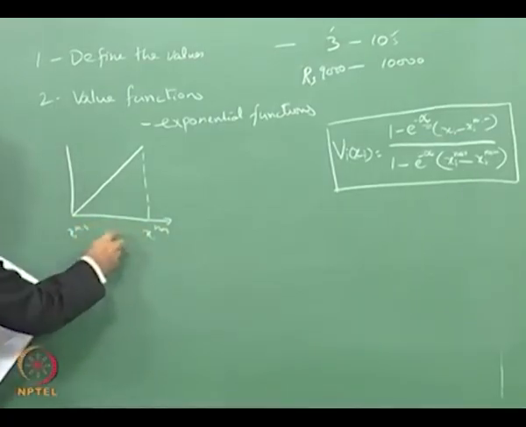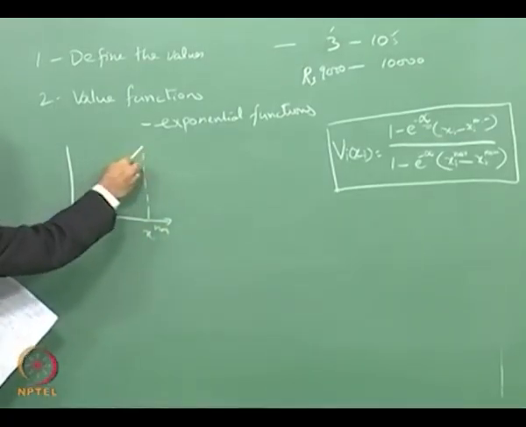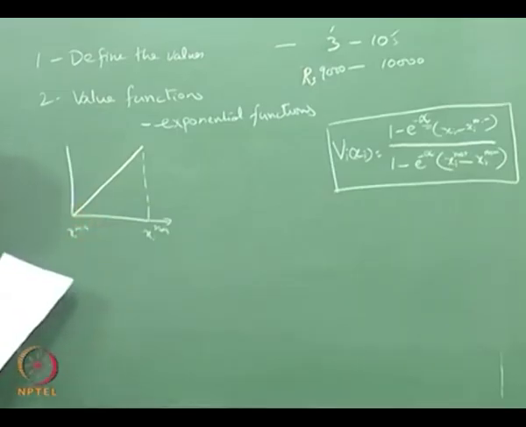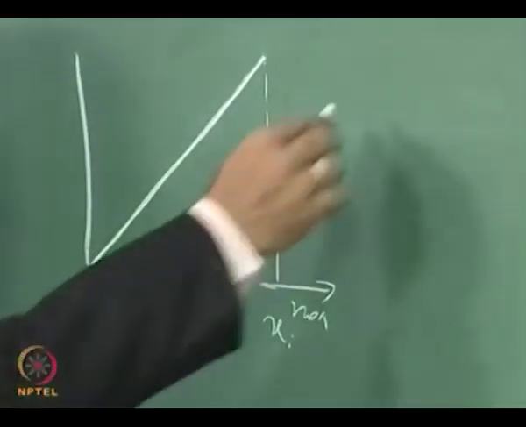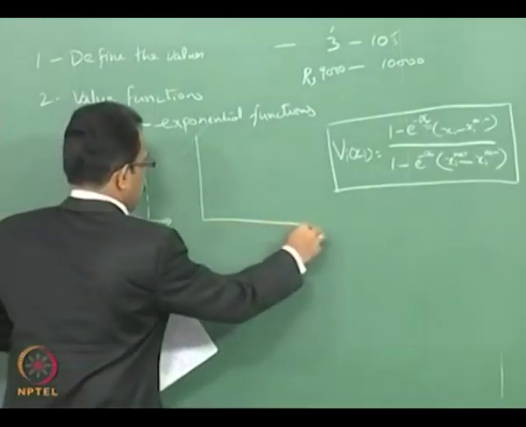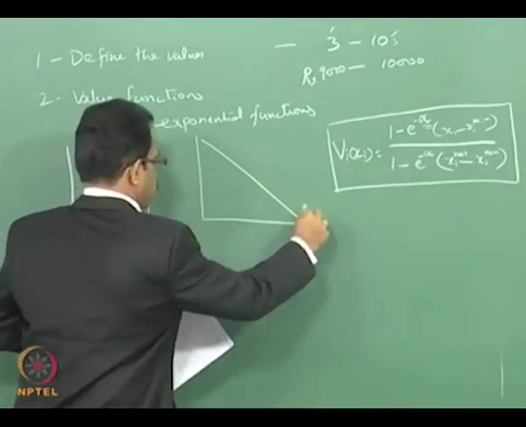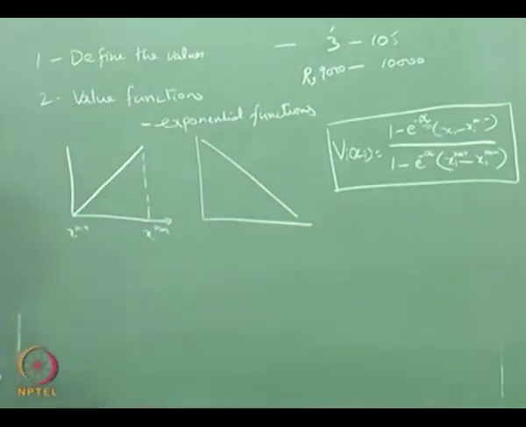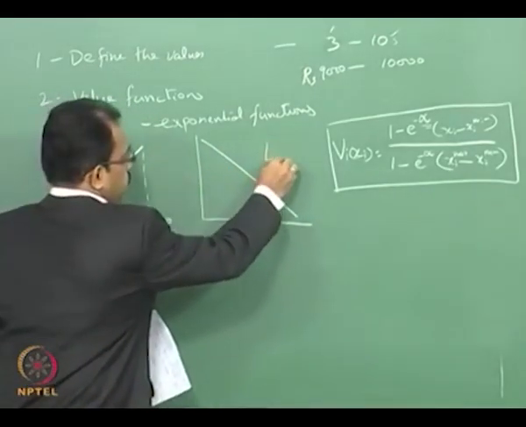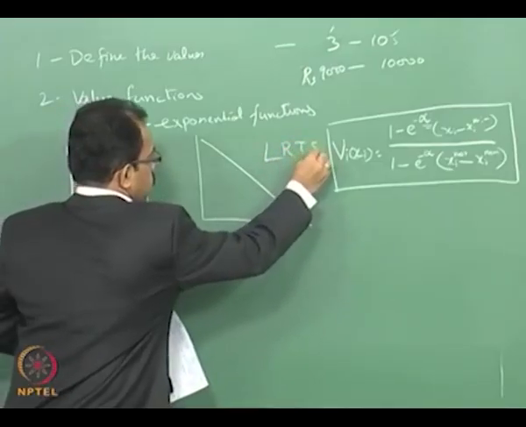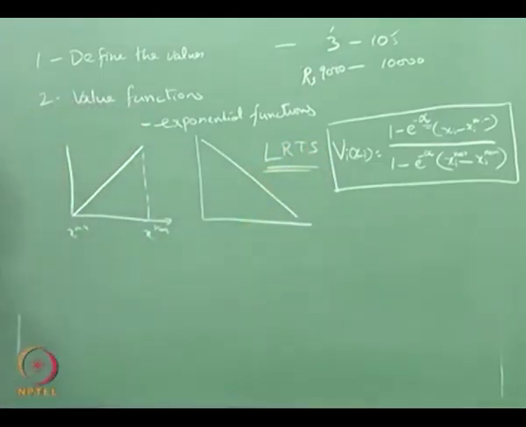So as it changes, this will be varying linearly. So this is known as linear return to scale. Or you can have it the other way, from maximum to minimum, also a linear return to scale. So this is known as linear return to scale value functions.